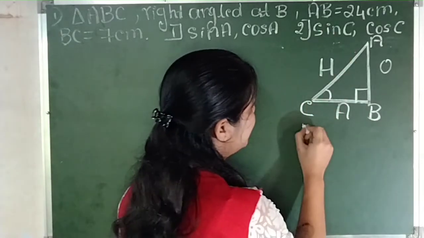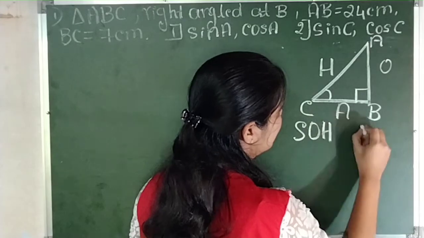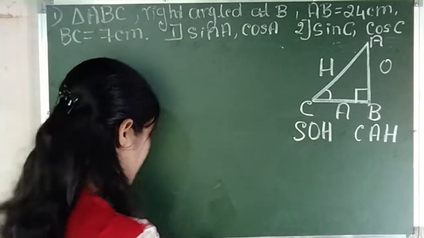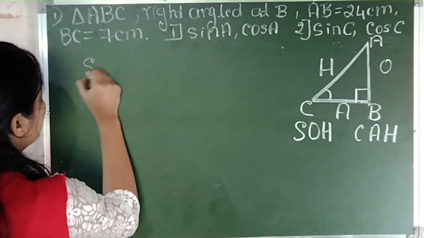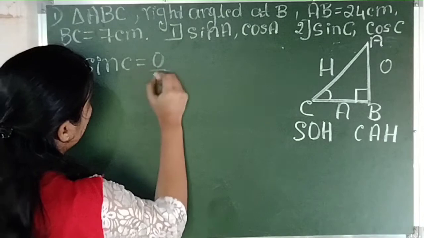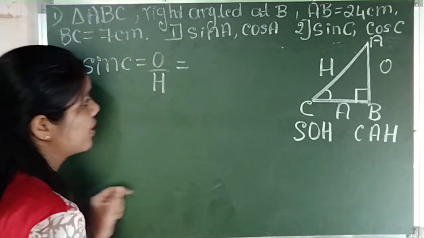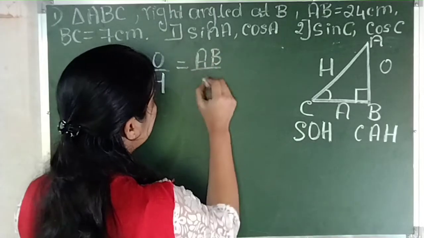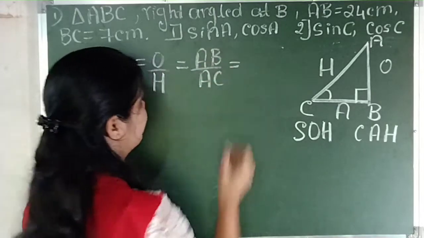Formula for sin theta is opposite by hypotenuse. So sin C is equal to opposite by hypotenuse, which is the opposite side AB, and hypotenuse is AC.